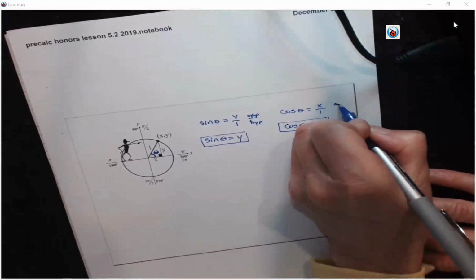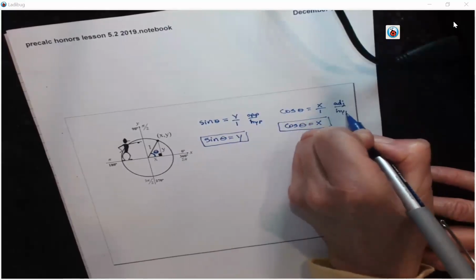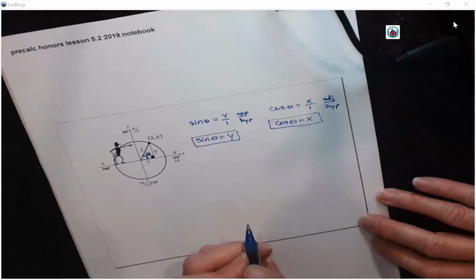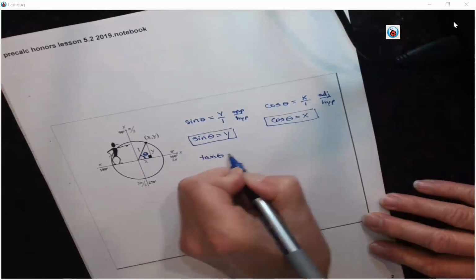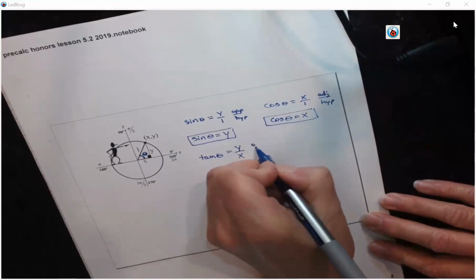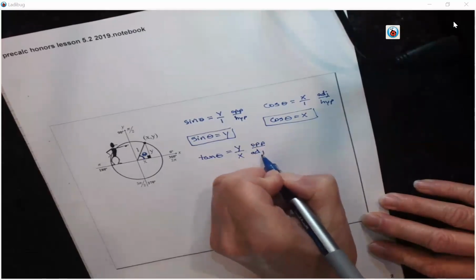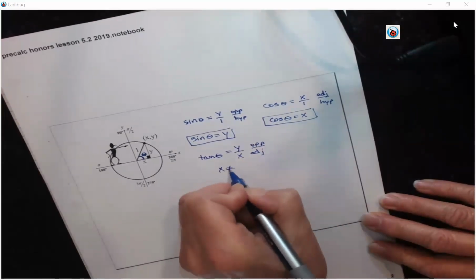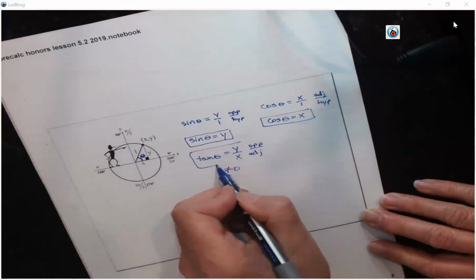This is the ratio of the side adjacent to the hypotenuse. Okay, the tangent of theta is equal to y over x, opposite over adjacent. And remember, x cannot be equal to 0, or the tangent of theta would not be defined, right? Because you cannot divide by 0.